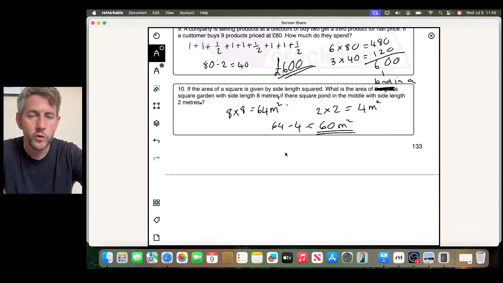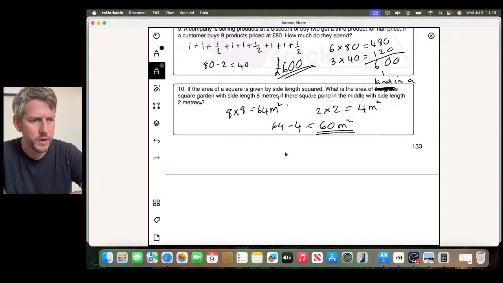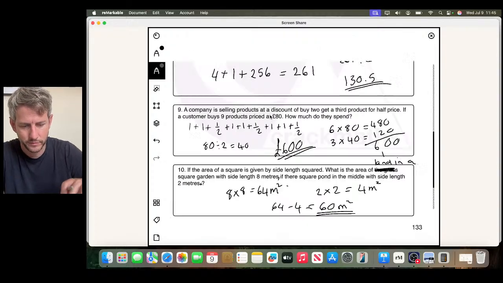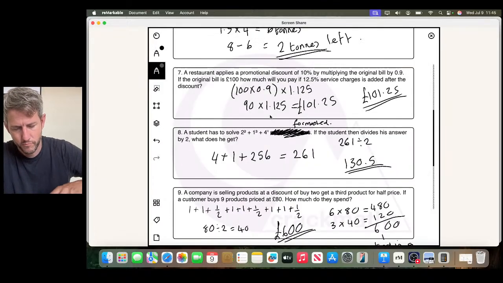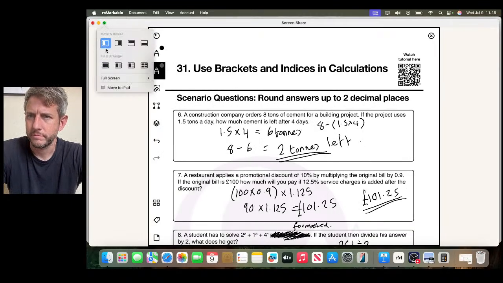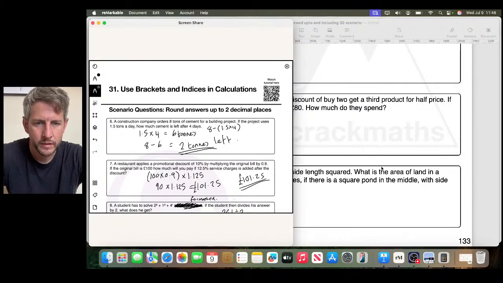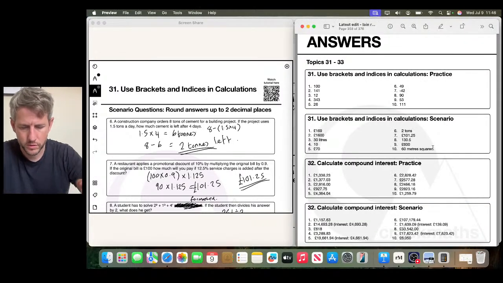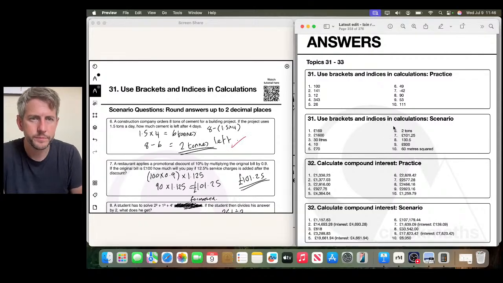Okay, right. Let's get these questions marked. So here we go. I'm going to scroll up here. Right, so we've got question 6 is 2 tons.